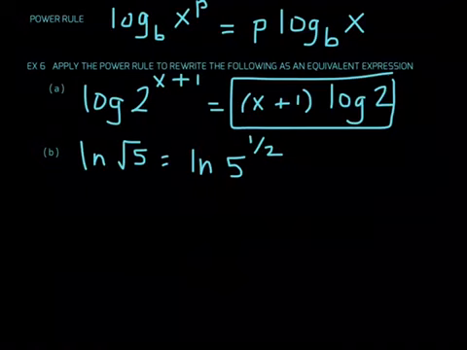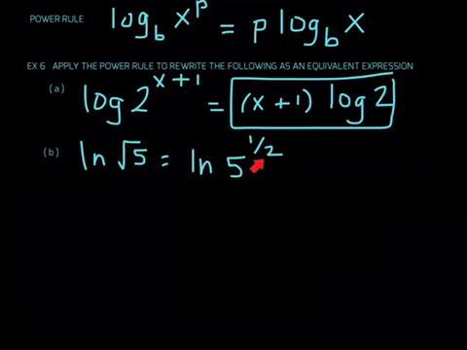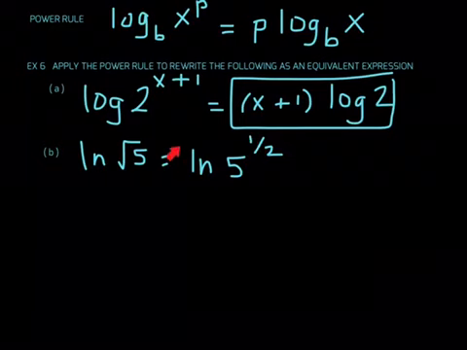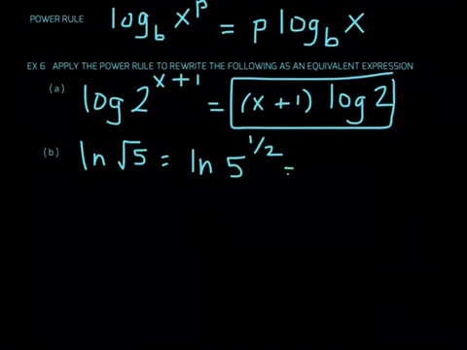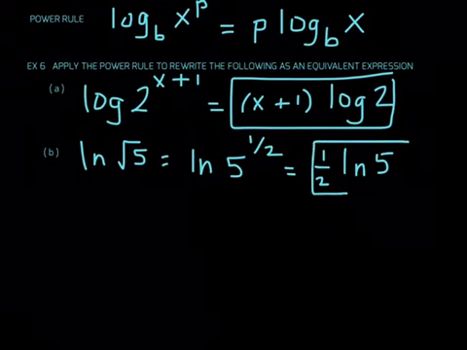So if you understand that, then you know that this square root really means there's an exponent of 1/2, right? So the power rule then, now being applied, will allow for the 1/2 to come down to the front. So then this is 1/2 times the natural log of 5. And you did it. Okay, very good.